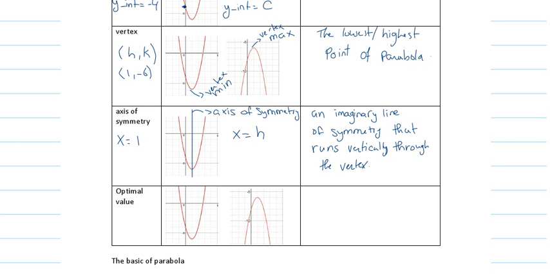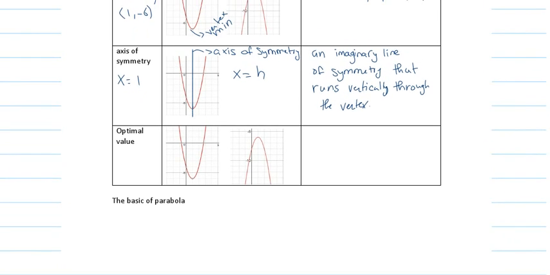Okay? Now, we still have what we call the optimal value. Now, can you guys help me? What does the word optimal mean? The perfect, the biggest, the smallest, right? The optimal.